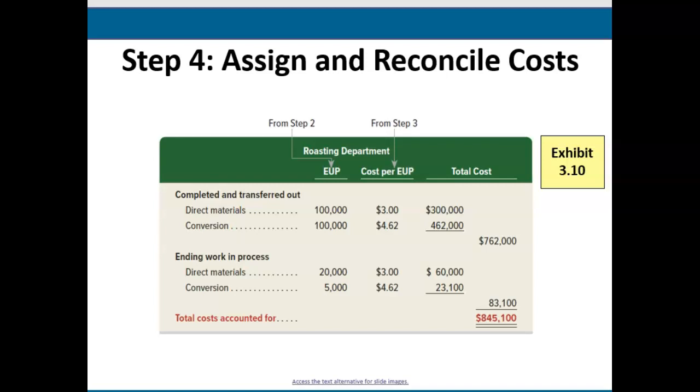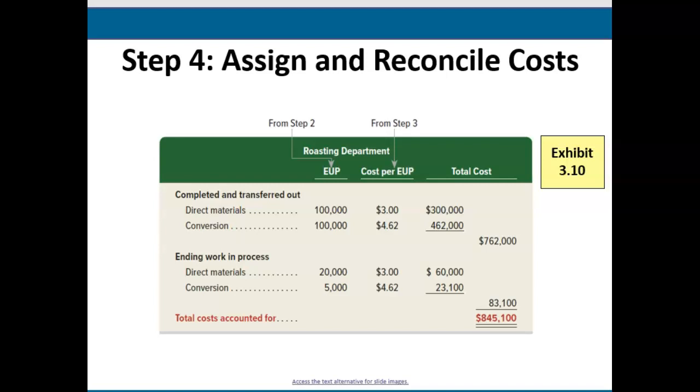Total cost of the 100,000 units completed and transferred out is $762,000. So we add the 300,000 plus the 462,000. We get 762,000.